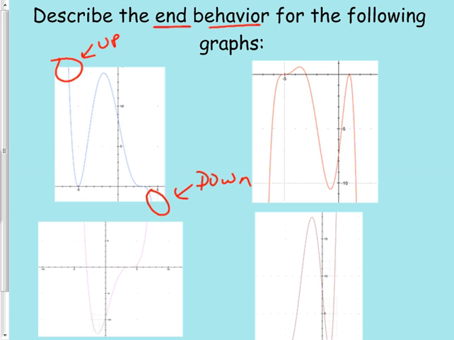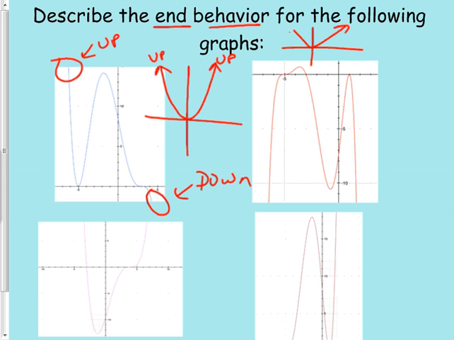Okay? So think about a classic graph like x squared. On its ends, it's up and up. A classic graph like the absolute value graph, up and up. Upside down parabola, down and down.